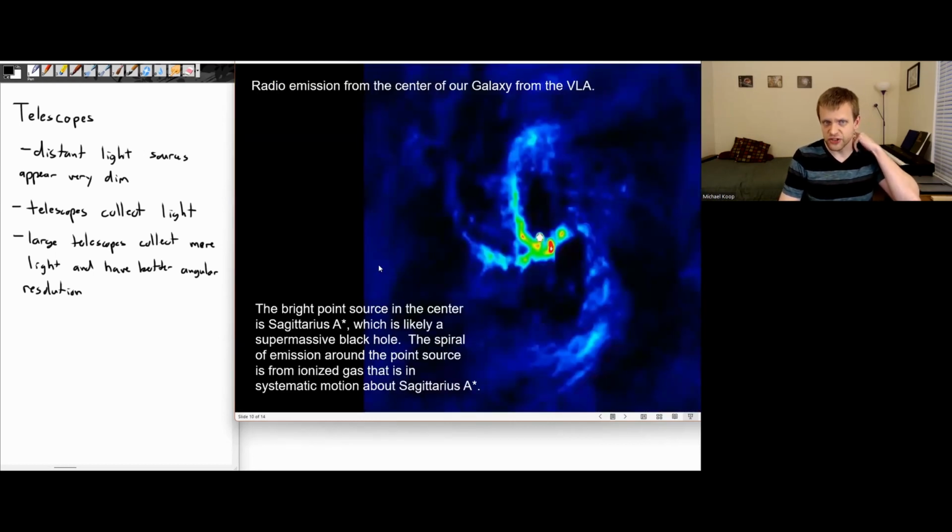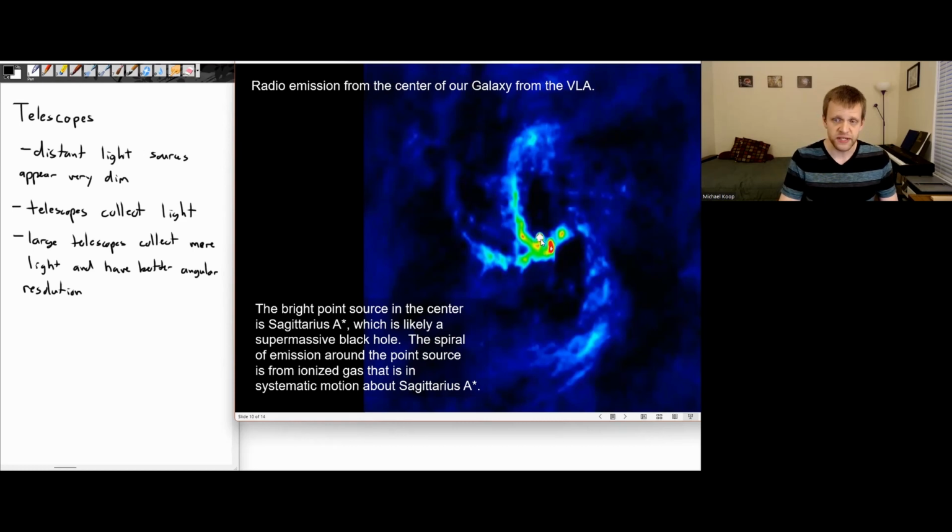And this is an image of the radio emissions from the center of our galaxy from the Very Large Array. At the very center of our galaxy, there seems to be this point where there's a huge amount of radio light coming from that. And since we have this interferometer, it gives us a good enough resolution to really see that in a lot of detail.